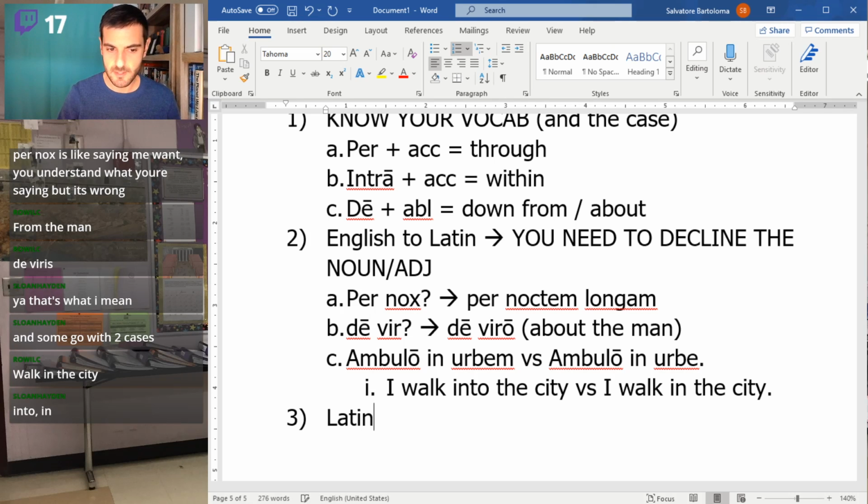If you're going Latin to English, or both, either direction, beware of the genitive case.